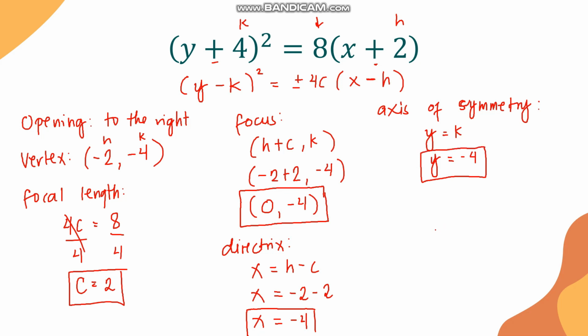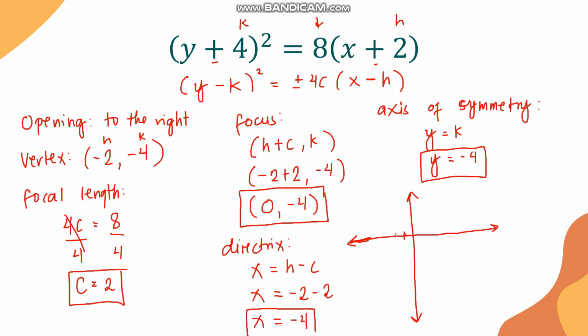Then let's graph the parabola using the parts. We know it opens to the right, so let's draw a Cartesian plane. Let's identify the vertex (-2, -4).